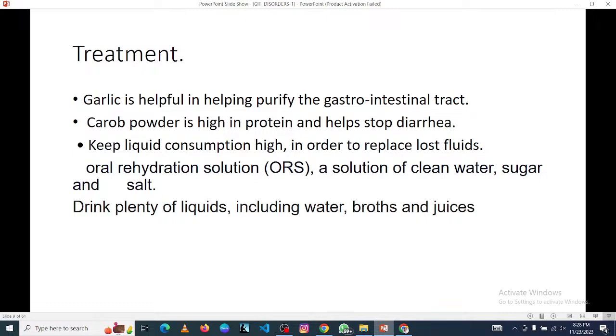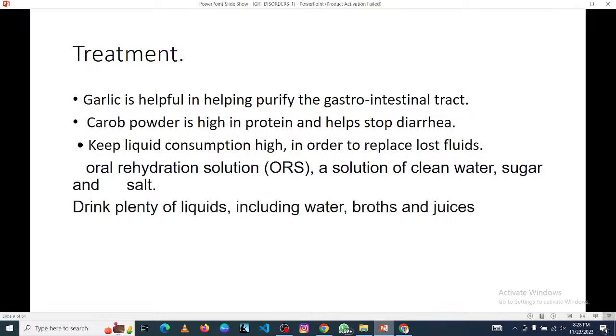So keep liquid consumption high, because you are losing a lot of liquid and you ought to replace it. A solution of clean water, sugar, and some salt intake. Why? Because when you lose a lot of liquid through diarrhea or dysentery, what happens?